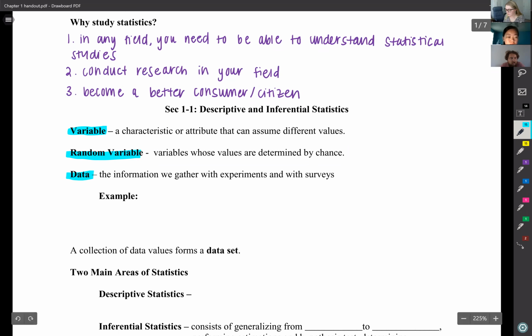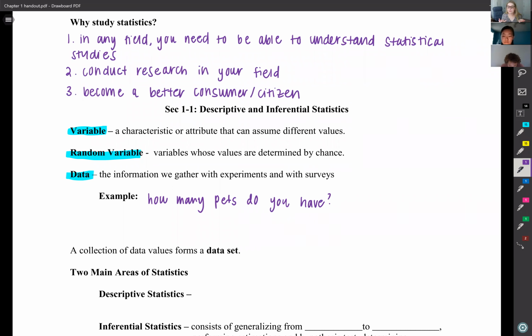Next definition is data. And this is just the information we gather with experiments and with surveys. So some examples to get you thinking of what possible data would be. Let's say we surveyed some people. So we could ask the questions, how many pets do you have? If I did a survey and I asked everyone how many pets they had, well, then the data that I collect, or the answers that I get, that's my data.